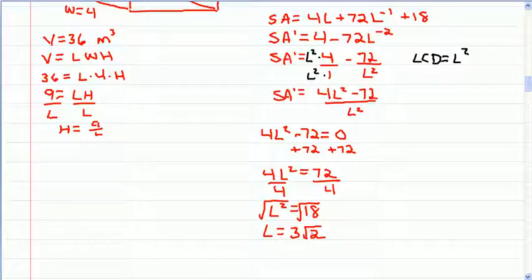So to make sure that this will give us a minimum value, I want to take the second derivative. If I take the second derivative using this format here, I won't have to use the quotient rule. So the derivative of 4 is just 0, and then negative 2 times negative 72 is positive 144 L to the negative 3, which is 144 over L cubed.